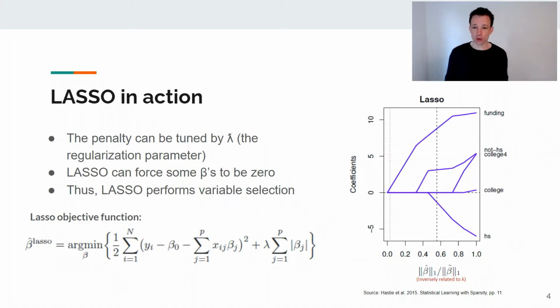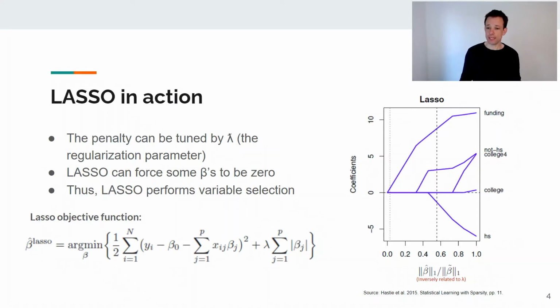Maybe just for completeness, what do we have here on the x-axis? I said that this is inversely related to lambda, and that is basically everything that you need to know and is sufficient. But for completeness, exactly what is displayed here is the ratio of the absolute values of the Lasso coefficients over the absolute values of the OLS coefficients.